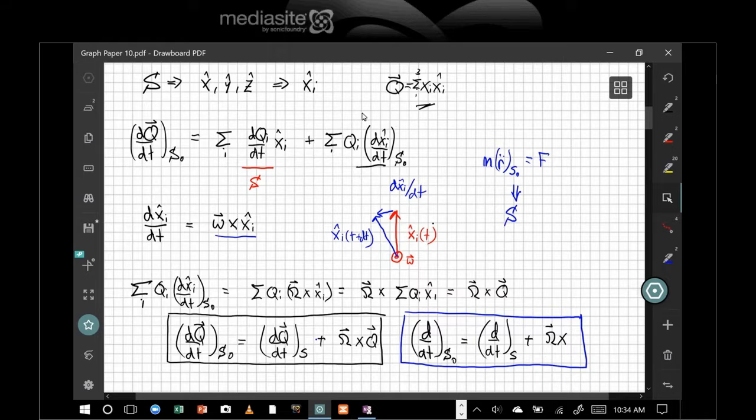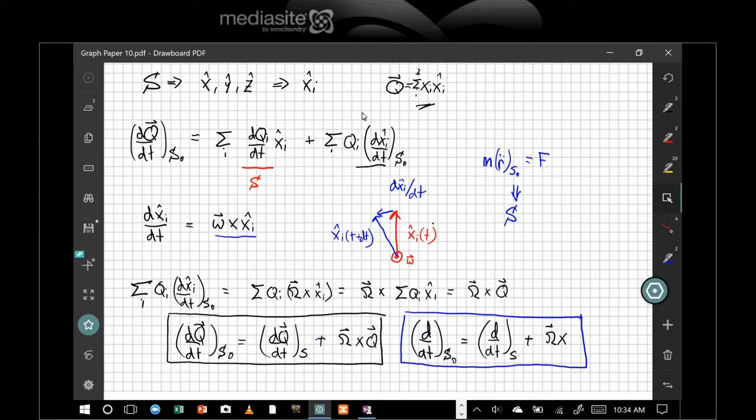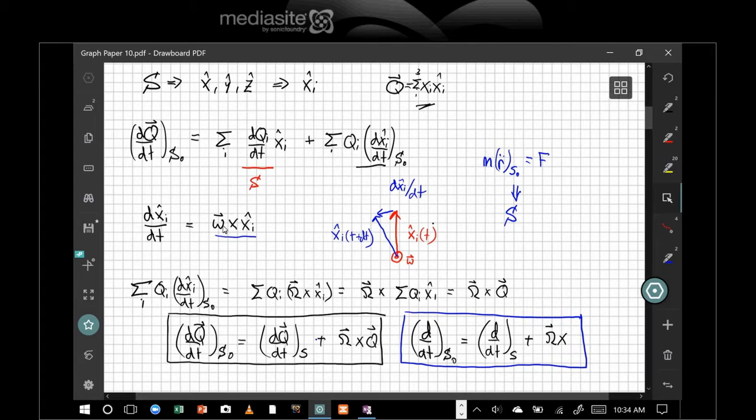If I'm going to write this vector here, this rate of change here, I have to use a cross product or the chain rule to do this. So I can say that's the rate of change dq_i/dt times x_i hat, plus, of course, there's a rate of change of the x_i hats in the S naught frame, because if I was in the S naught frame, what I would see is those vectors are rotating.